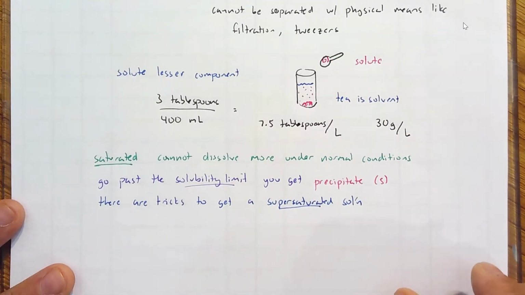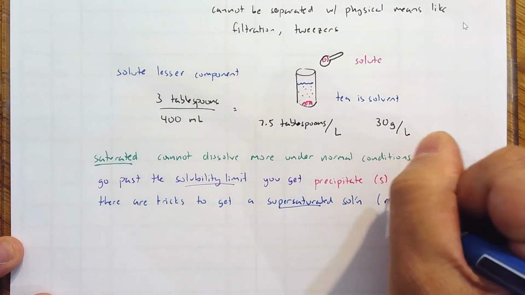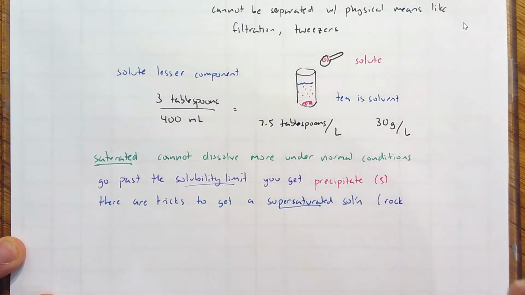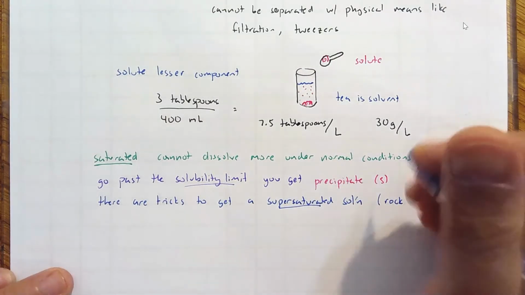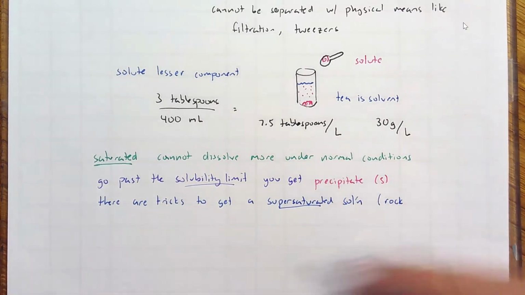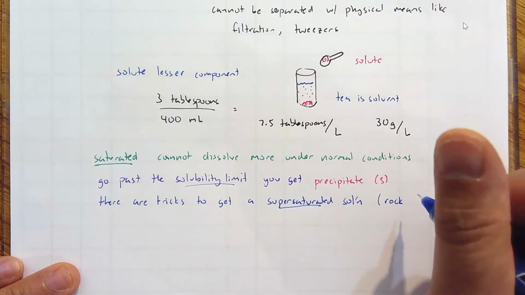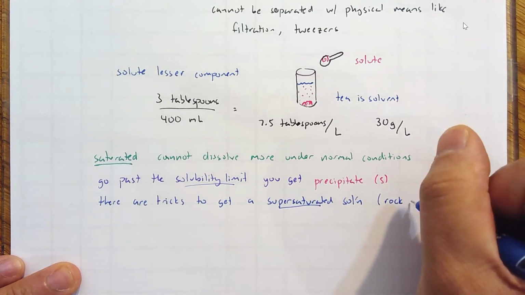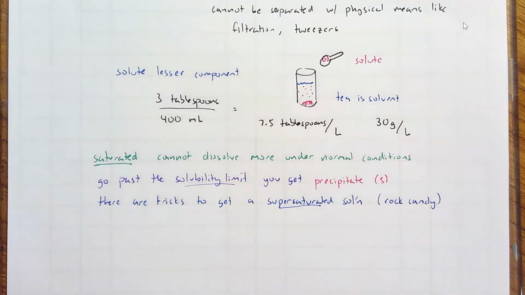And this is how kids make rock candy. You get a supersaturated solution of sugar, and then you put in a seed crystal, and over time, other sugar molecules will start to associate or aggregate into rock candy.